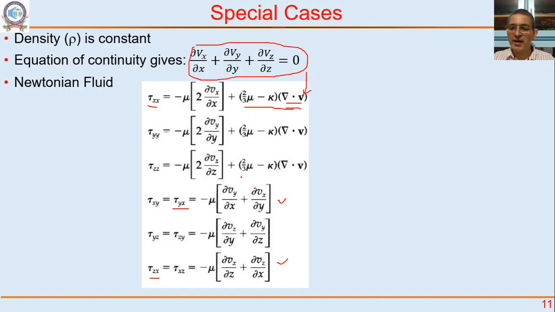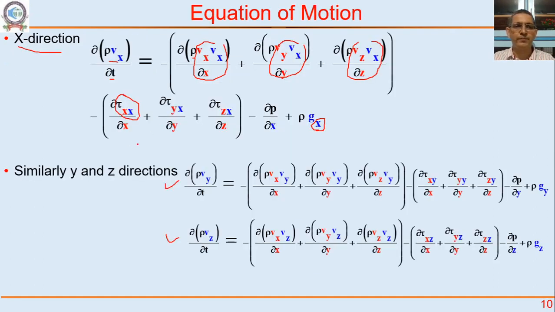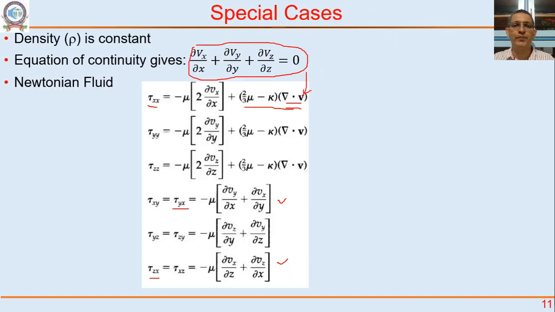Again, you can expand this, you can replace these tau definitions here and here and here. Again, use continuity equation, expand them as a bracket, use this continuity equation and simplify. See what you get. Pause the video, do it for yourself.